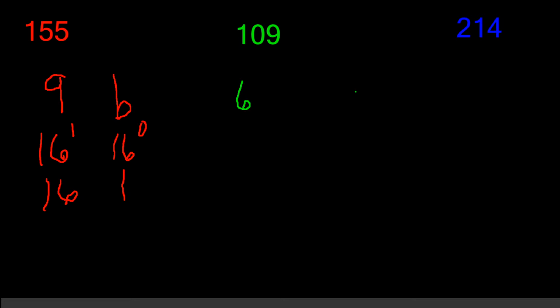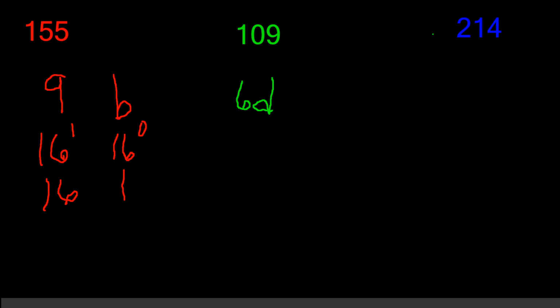So if A is 10, B is 11, C is 12, D is 13, our other number here would be D. So that's 9B, 6D.